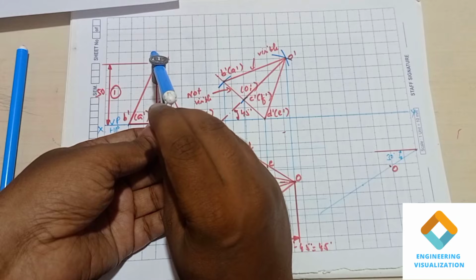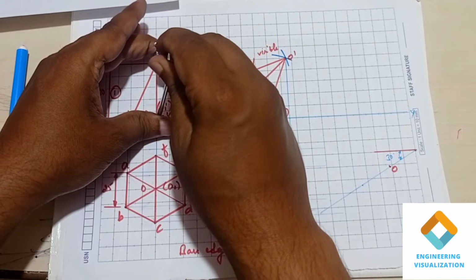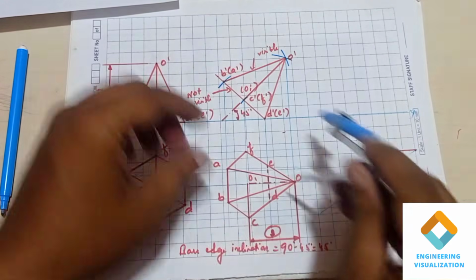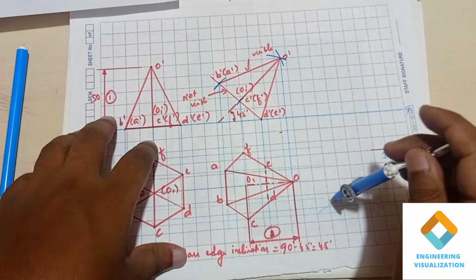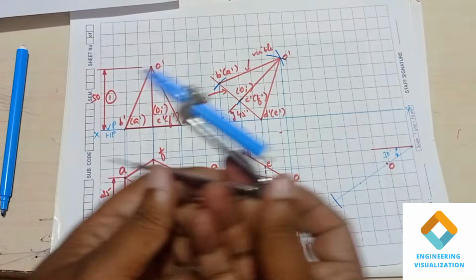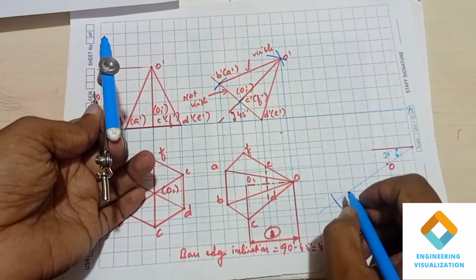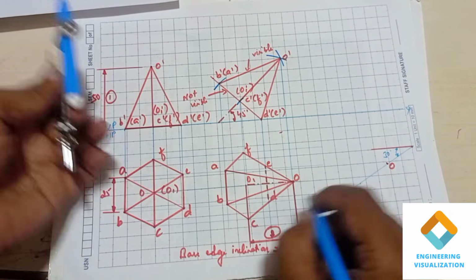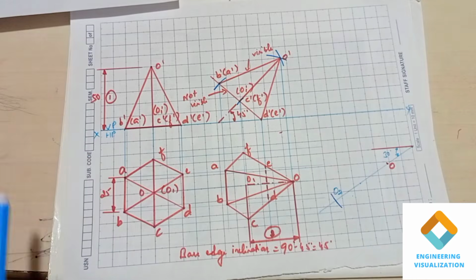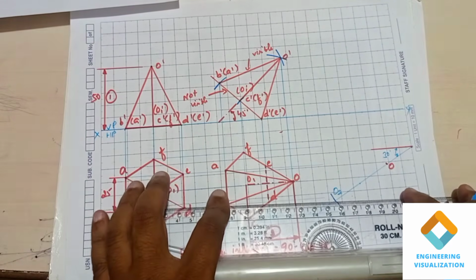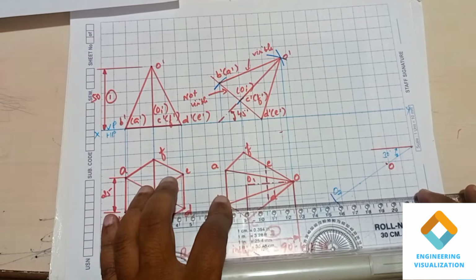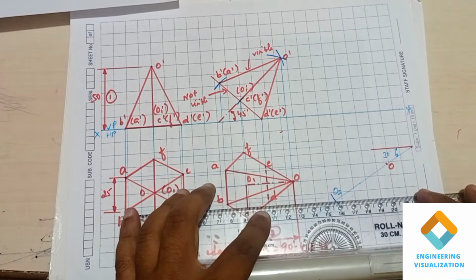Measure 50 mm from the compass. Draw an arc cutting the angle line, and here I'll give it as O2. Draw the locus line, that is, the horizontal locus line we have to draw here.